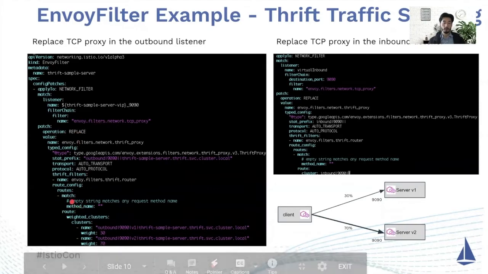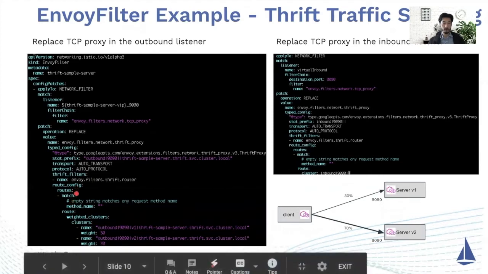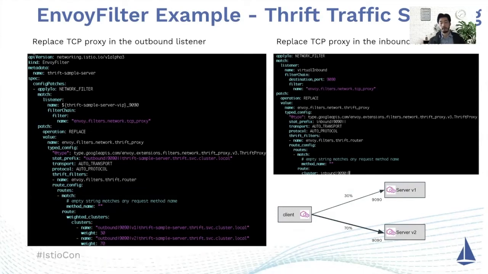We also set the routing policy in this Swift proxy to split traffic to different versions of the server. Similarly, we also create another Envoy filter at the server side Envoy, which will replace the TCP proxy in the inbound listener.